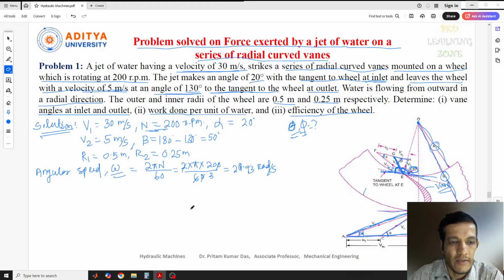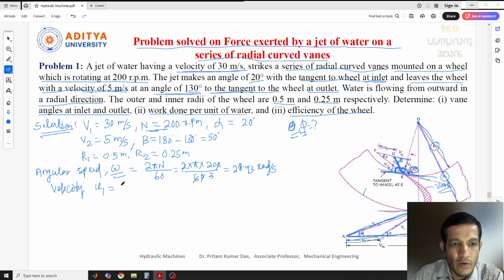Now the angular speed is calculated. The next task is to find the value of u1 and u2, the velocity of the Venn at inlet and outlet condition, which is very simple to calculate.